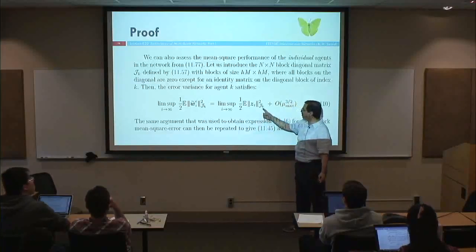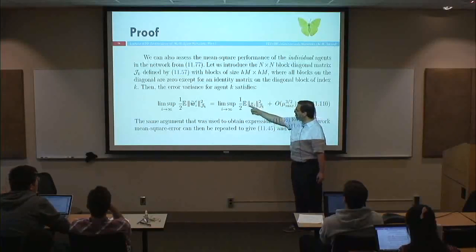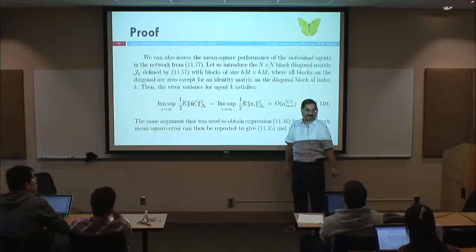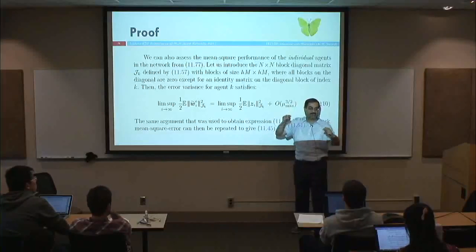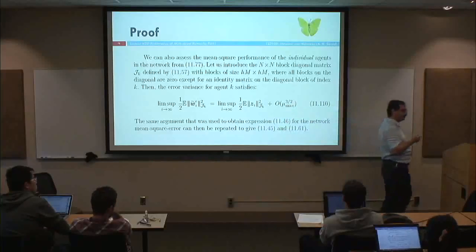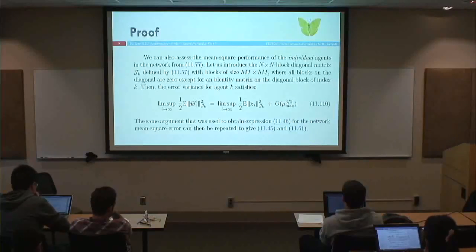So all you really have to do is, this was the trace of X, but with weighting it becomes the trace of JX. That's why the J comes up when you are interested in the performance of a single agent.